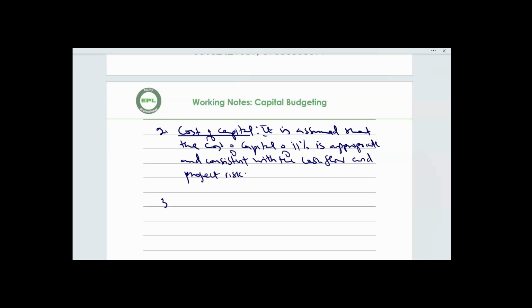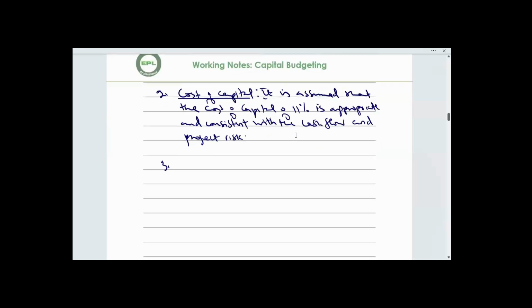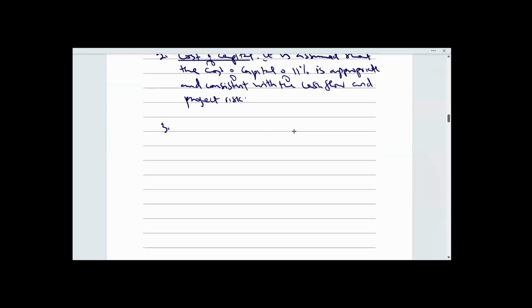Then number 3, again, if in the question you have been given inflation rates, then you need to talk about inflation. What assumption have you made on inflation? We are given different inflation rates.